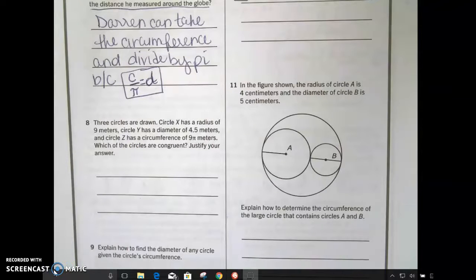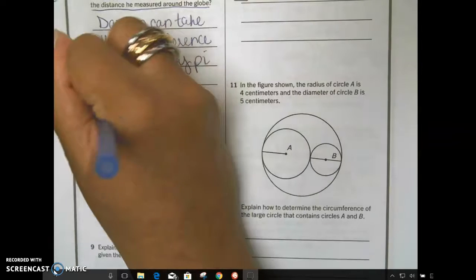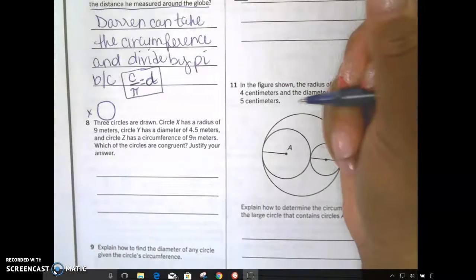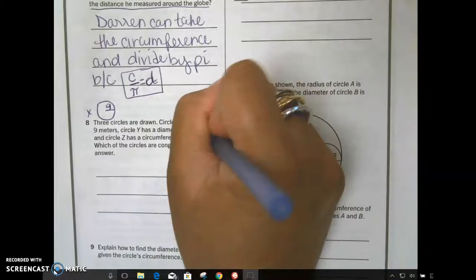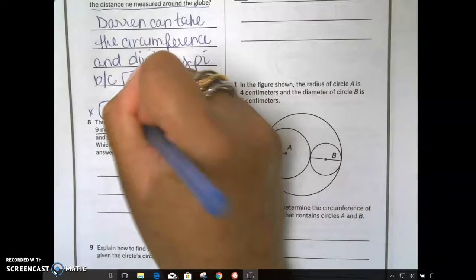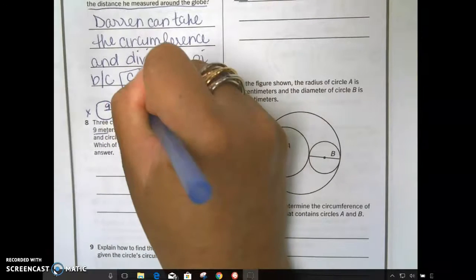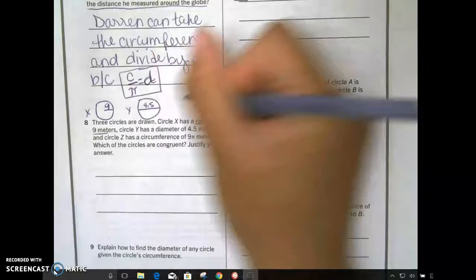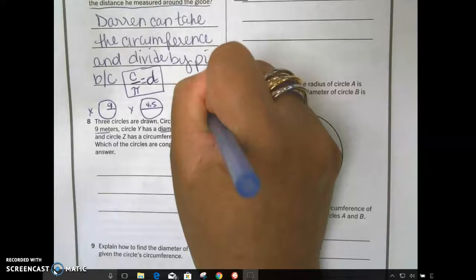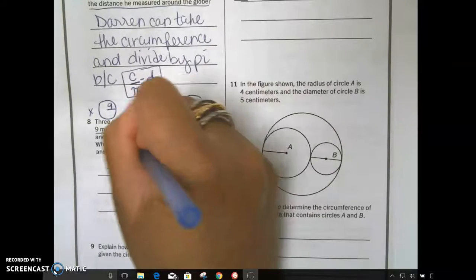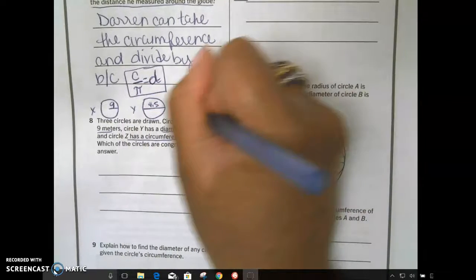Three circles are drawn. Circle X has a radius of 9 meters. Circle Y has a diameter of 4.5 meters. And circle Z has a circumference of 9 pi meters.